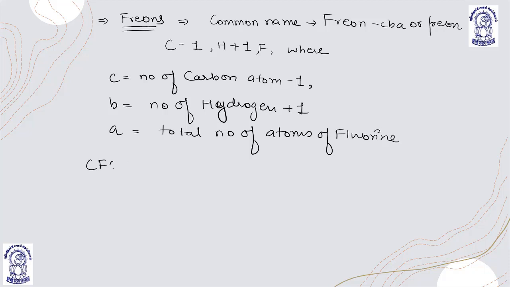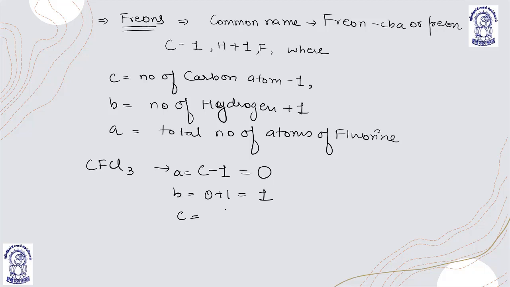For example, CFCl3. For C, it is the number of carbon minus 1, so 1 minus 1 becomes 0. So A is 0. B is the number of hydrogen plus 1, no hydrogen, so 0 plus 1 becomes 1.